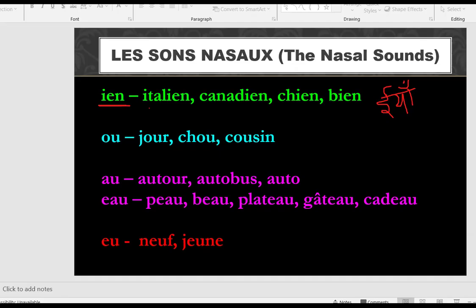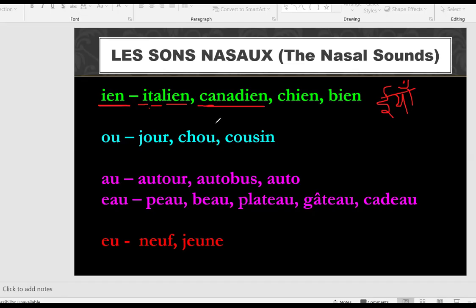Italian. बड़ी ई है ना, Italian. So you break it and you read it, right? Then next combination. Canadian. नहीं नहीं, ए को कैसे बोलते हैं? Canada.